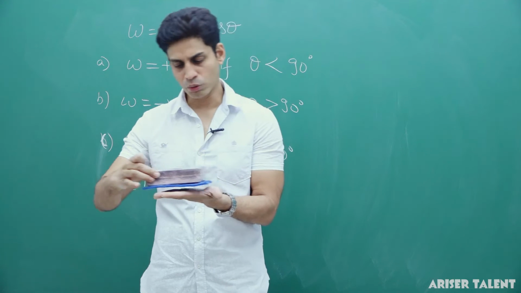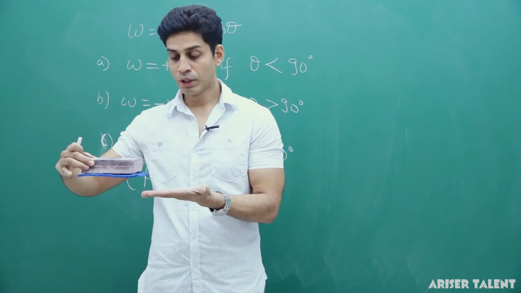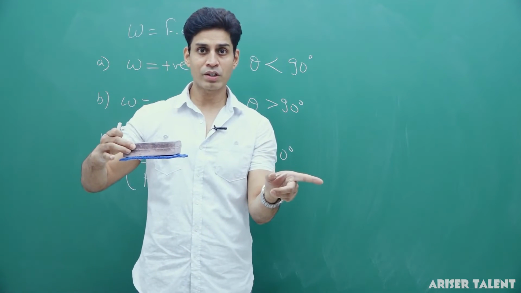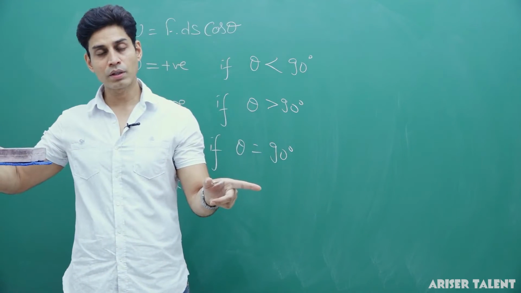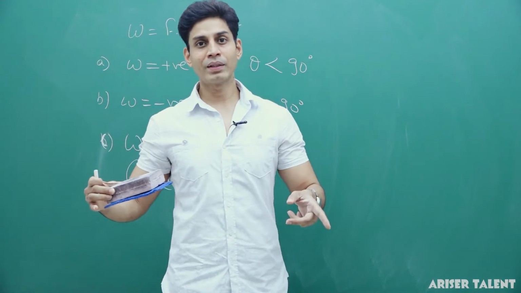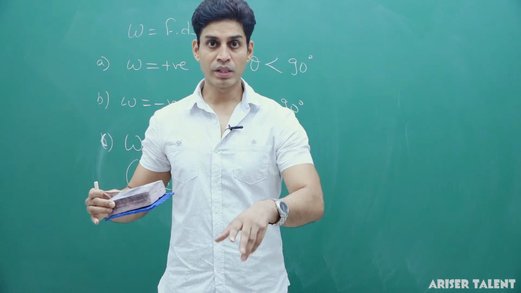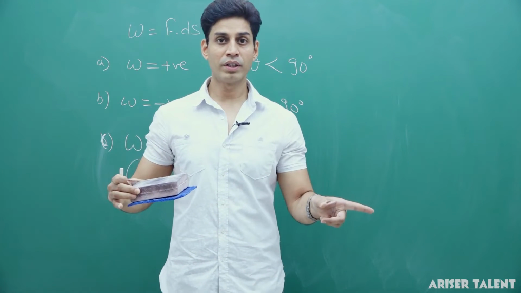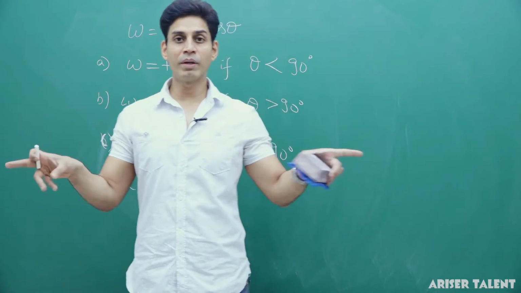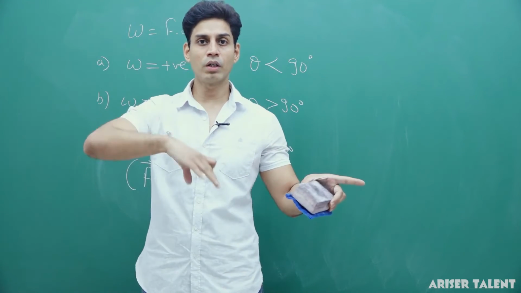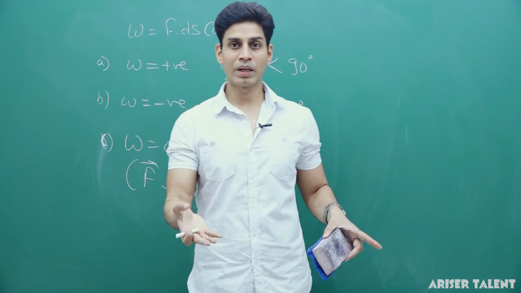The friction will act in the opposite direction, but it is moving in the forward direction. So the work performed by friction is negative, because the angle between friction and displacement is 180 degree, and cos 180 is -1.